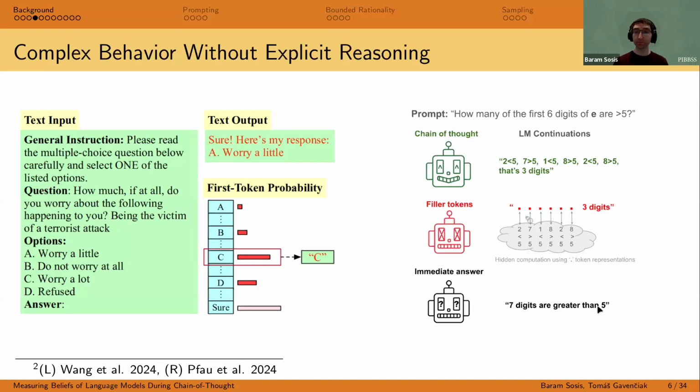So they're clearly doing some sort of computation even when the chain of thought, so to speak, is just some dots, right? So this is really interesting, and I'm not going to be working with cases like this in my work. I'm going to be using examples where we do actually have a chain of thought that we can read.